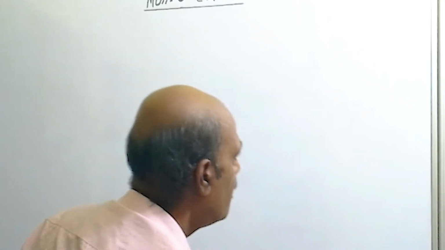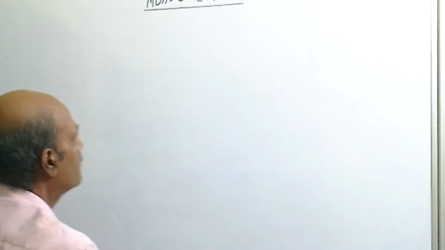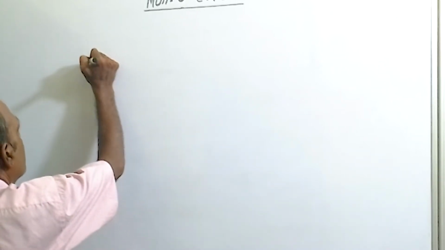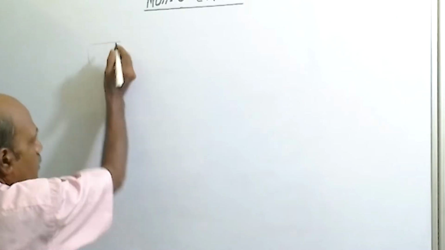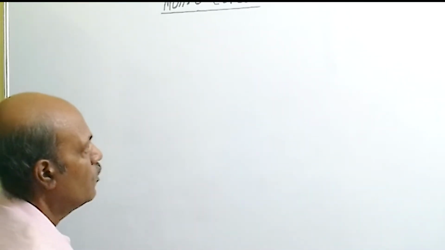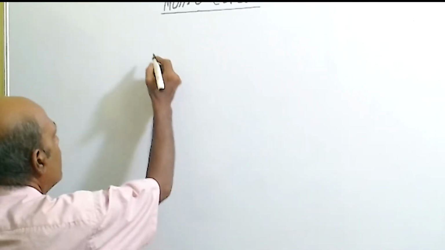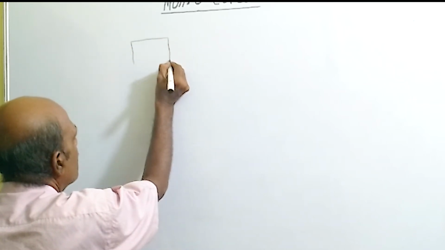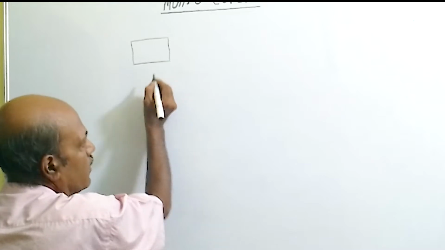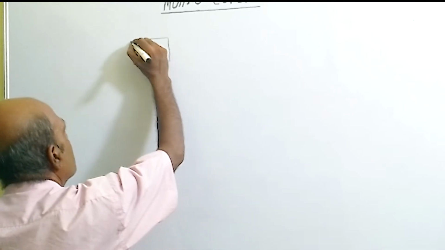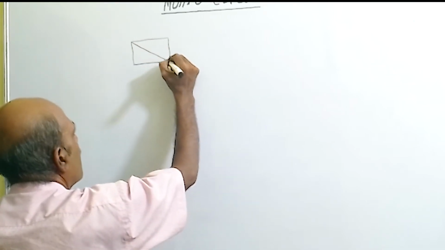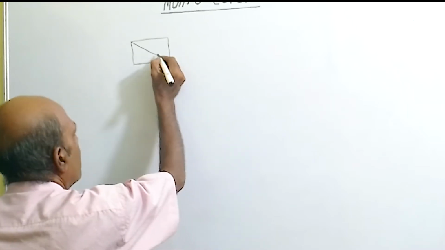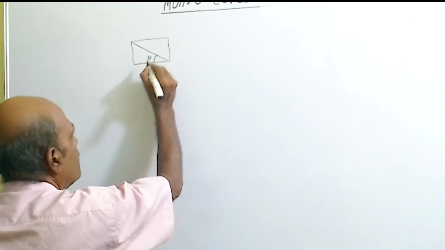Let case 1 be this: we have to draw the Mohr circle. The stress condition is, say, this stressed object at angular position theta.